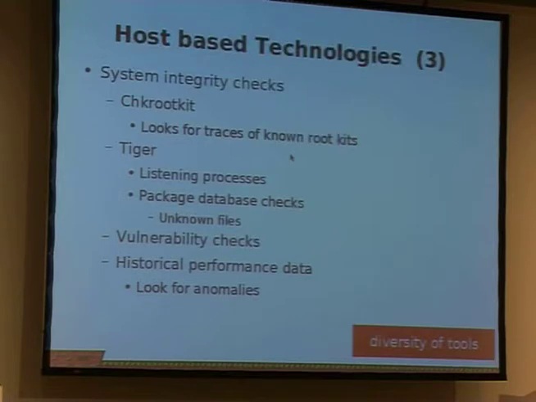Tiger looks for programs that open sockets for listening, or evaluates package databases for unknown files. That means when you have a directory like /usr/sbin, and there's a file that is found in no package of the operating system, maybe somebody put the file there for some attack reason.